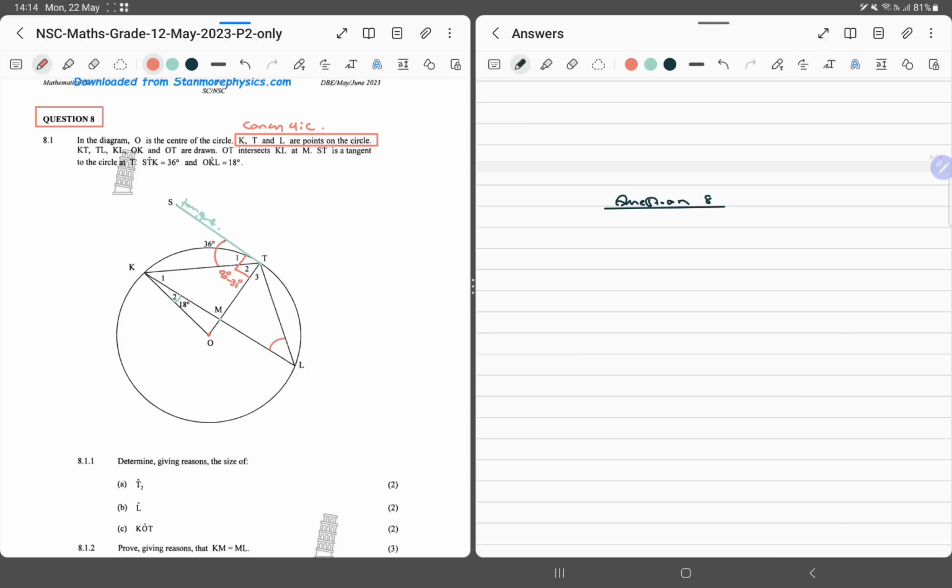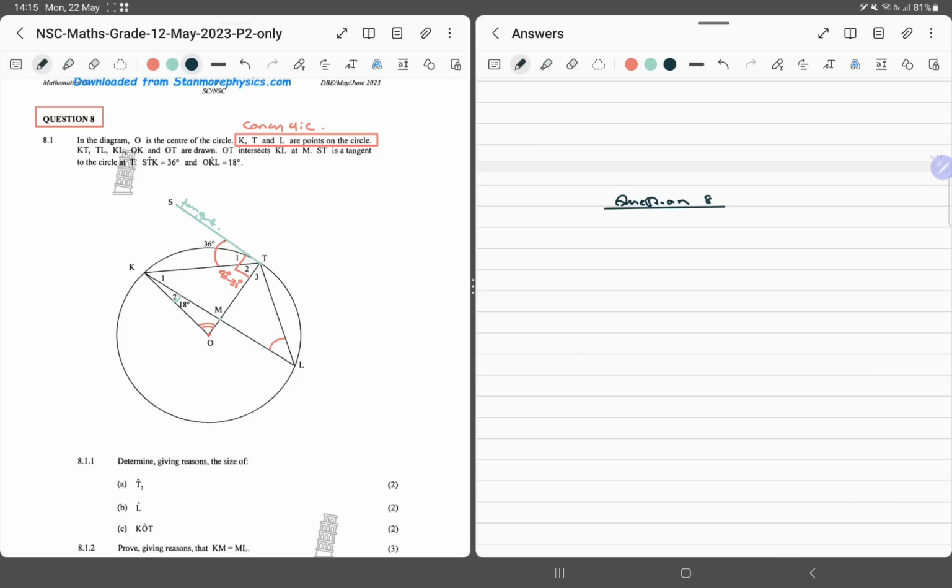Easy stuff. Now, what else can we do? Knowing that this angle is 36, we know that the angle at the center is twice the angle at the circumference for the same chord or arc KT. There's more, but this usually is enough.